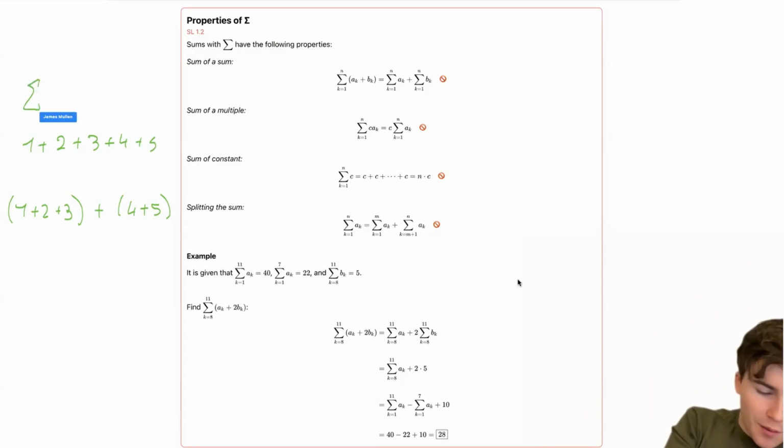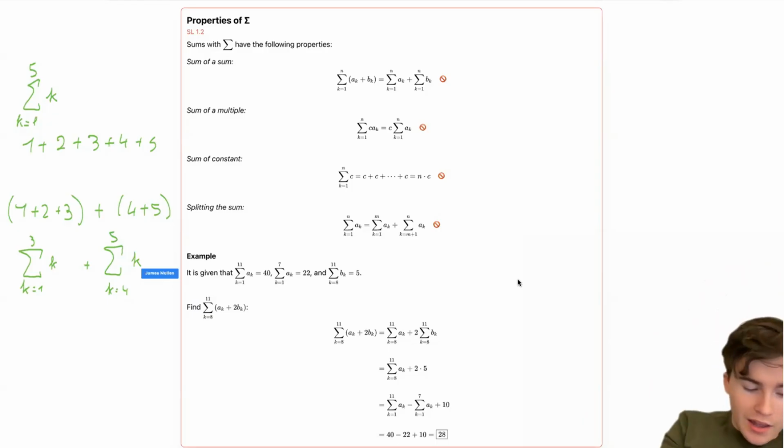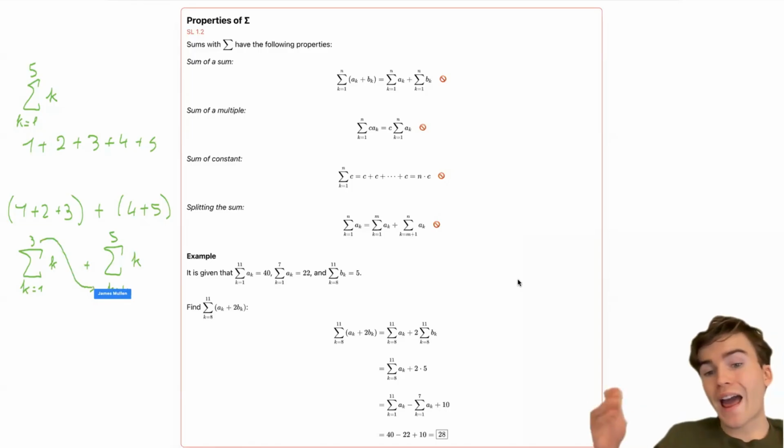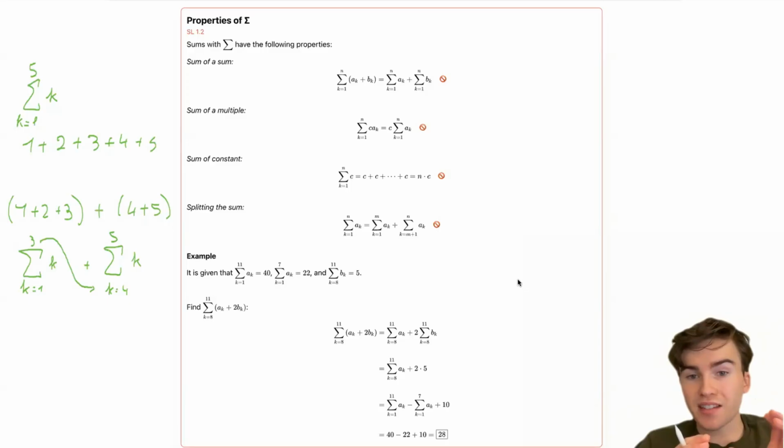If this is the sum of k from k equals 1 up to 5, 1 plus 2 plus 3 plus 4 plus 5, this is the sum from k equals 1 up to 3 of k, and this is the sum from k equals 4 up to 5 of k. All right, so notice in the sum that the starting term of the one after the split is one more than the ending term of the one before the split, because when I put these two sums together, we have to be adding up all the possible indices.